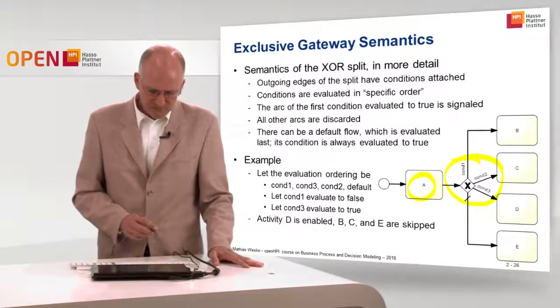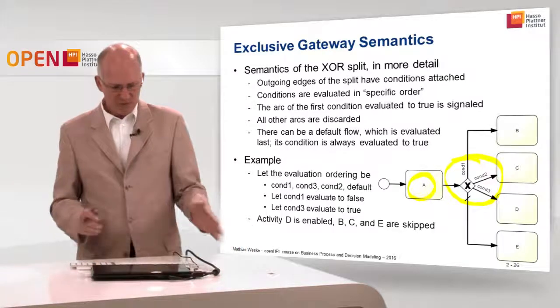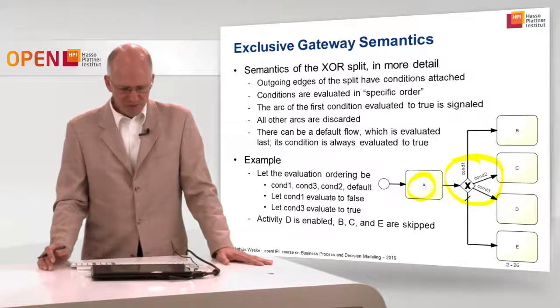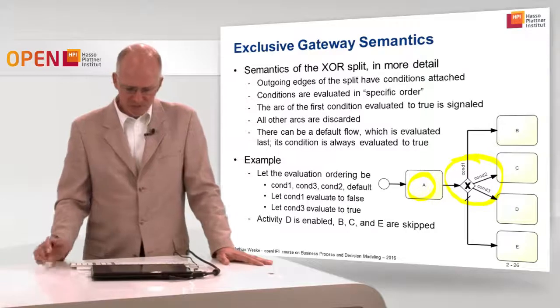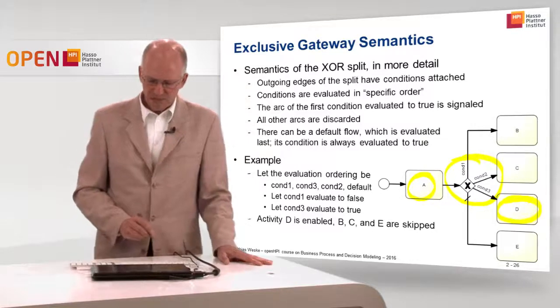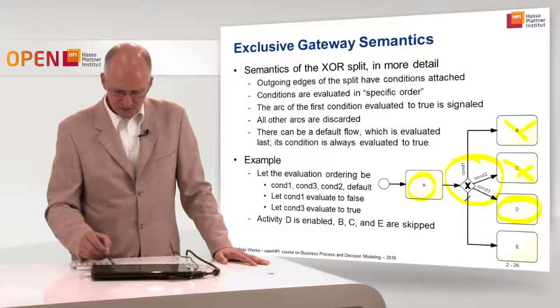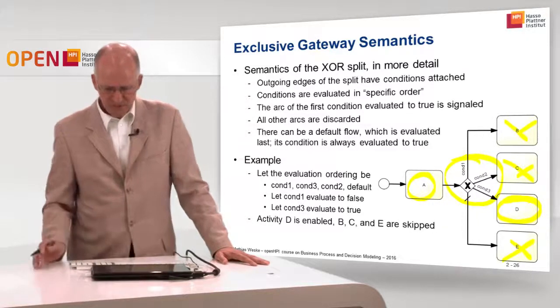Okay, so let condition 1, which is evaluated first, evaluate to false, so we need to look at the next one. Let condition 3 evaluate to true, very good. So condition 3 evaluates to true, and then D is executed. And the others are not executed, so B is not executed, C is not executed, E is not executed, D is started.